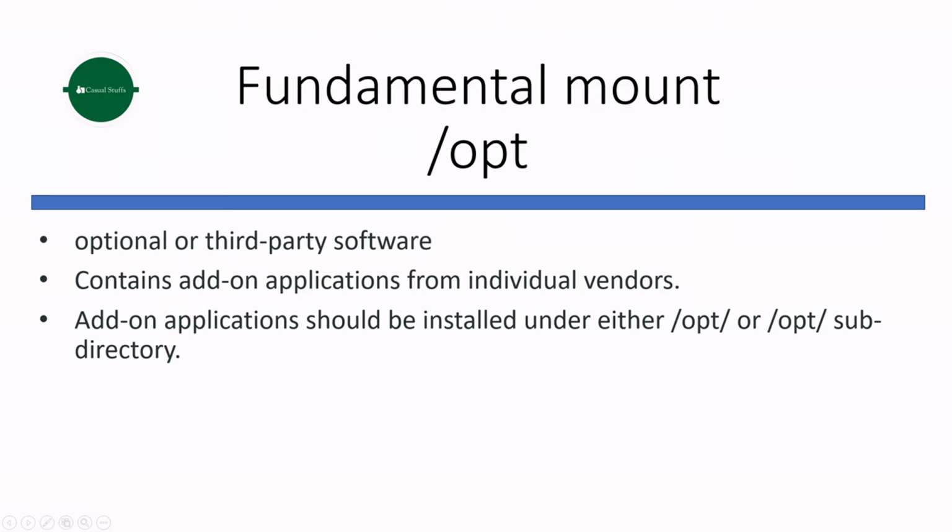So OPT means optional, because typically /opt contains the third-party software and some hidden software that individual vendors provide, like Oracle, Red Hat, IBM, Microsoft, or whatever vendor there is.